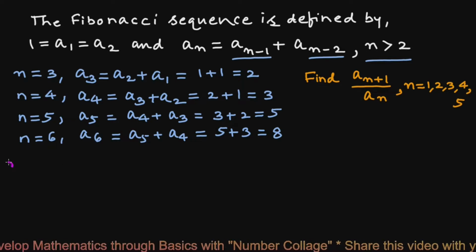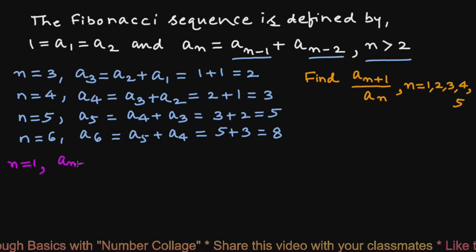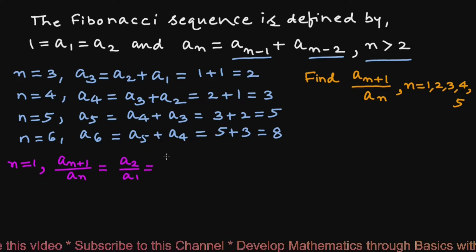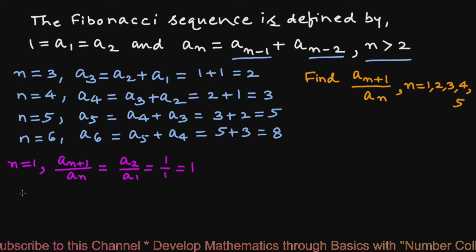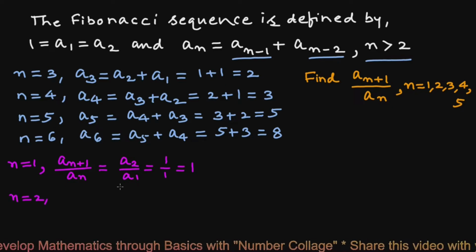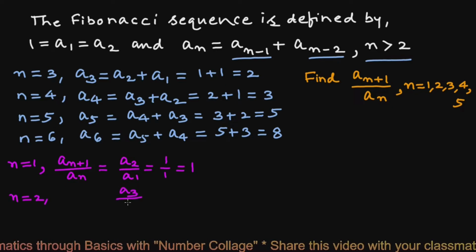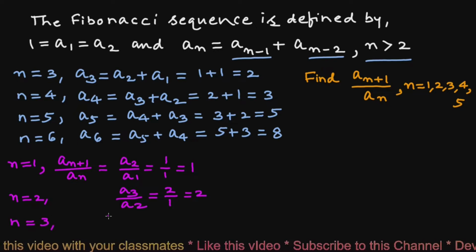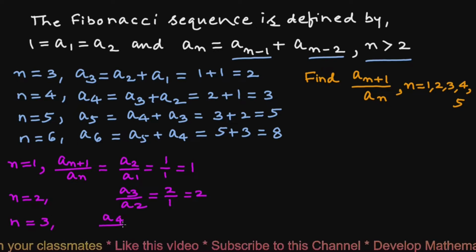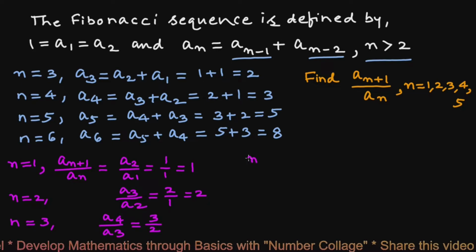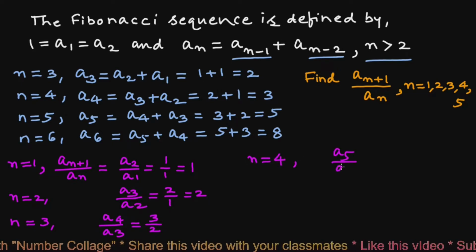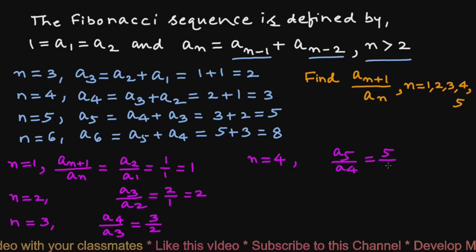So for n equals 1, a(n+1)/a(n) will be a2/a1, that is 1/1 = 1. For n equals 2, it will be a3/a2, 2/1 = 2. For n equals 3, it will be a4/a3, 3/2. For n equals 4, it will be a5/a4, that equals 5/3.